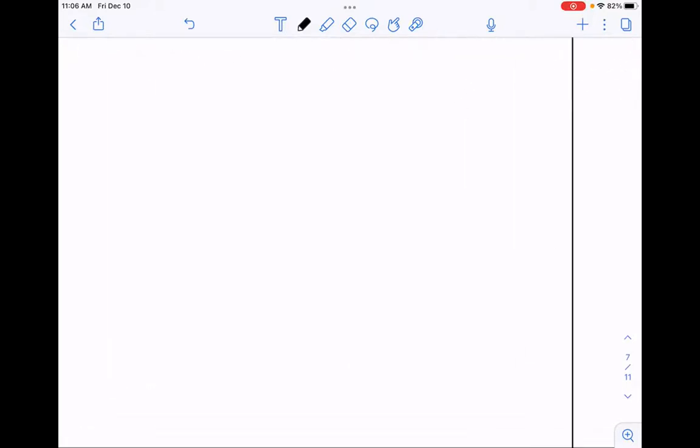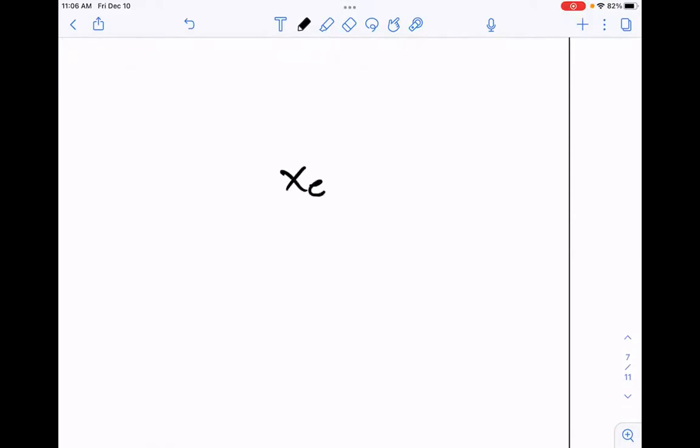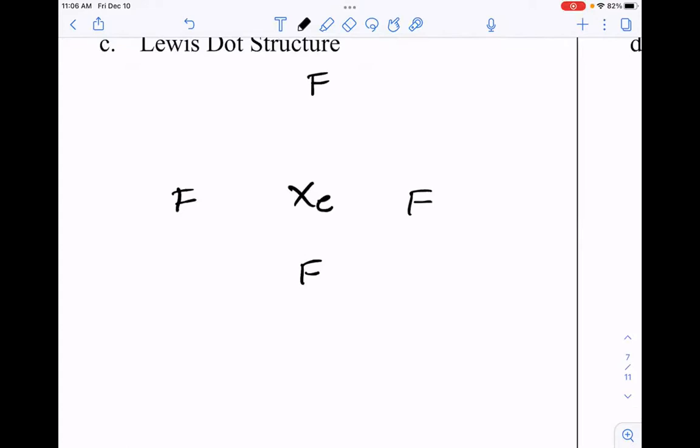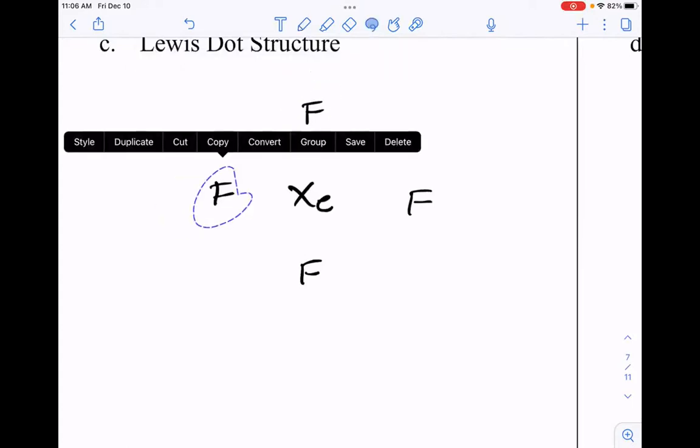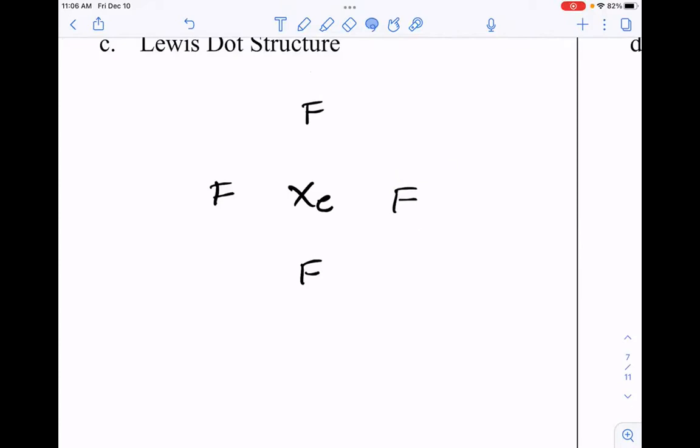All right, so we have xenon right in the middle, and we're going to surround it with 4 fluorines. It doesn't really matter how you distribute the fluorines, it just needs to go around xenon. The first step is to make sure that all surrounding atoms, regardless of identity, except hydrogen, because hydrogen is a duet, contain 8 electrons.